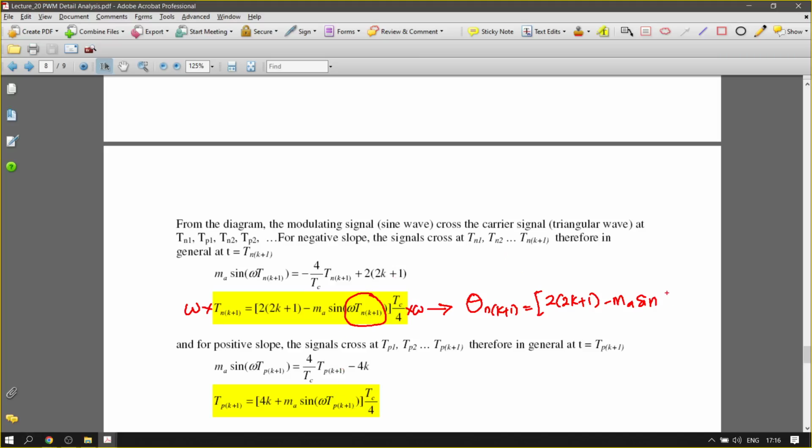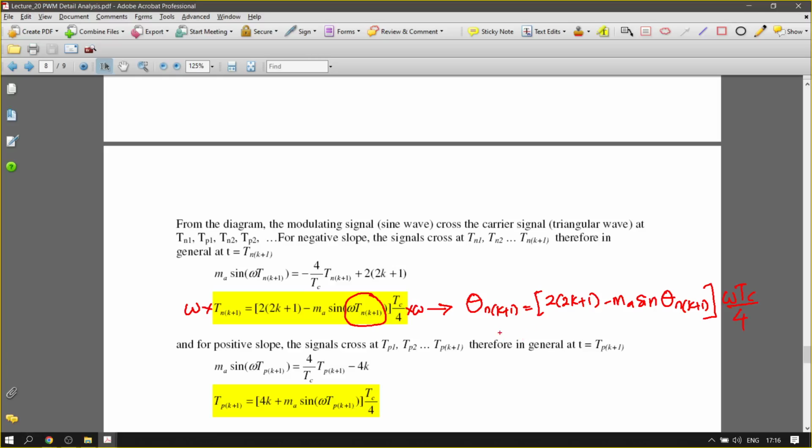Change that to theta n k plus 1. Then close bracket, and then you have this omega Tc over 4. Right? Omega Tc over 4.